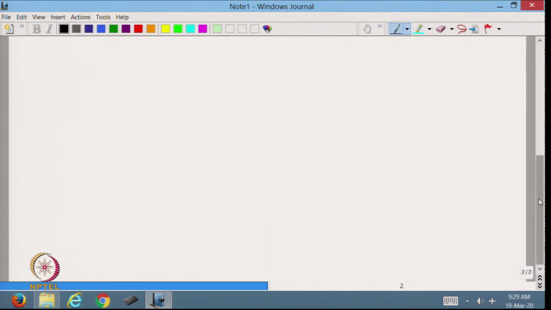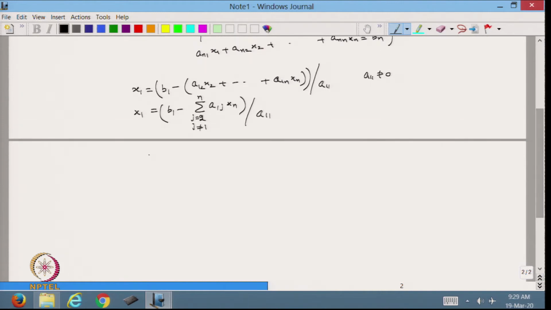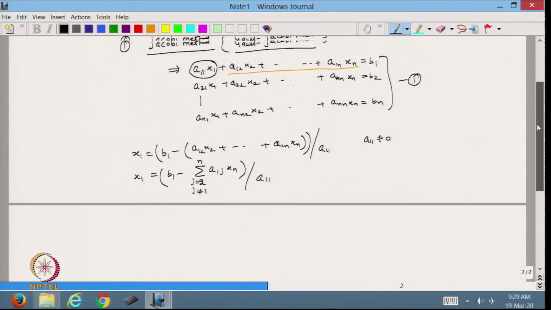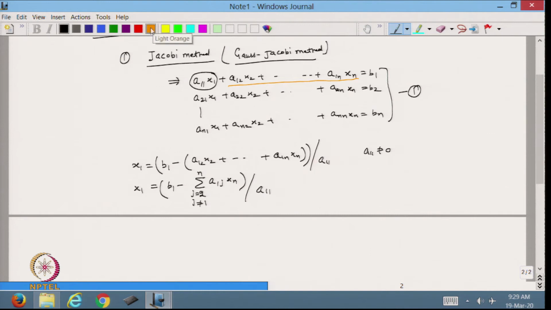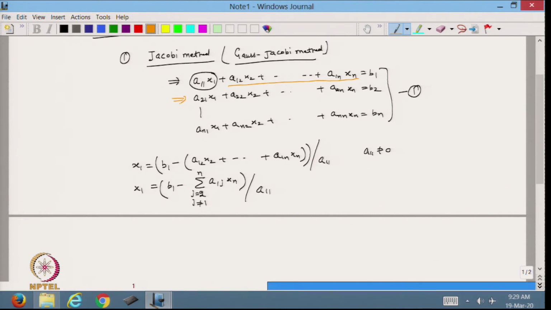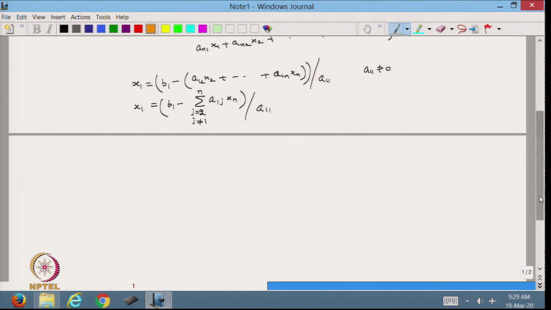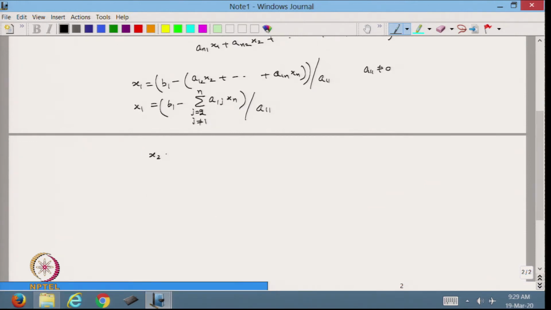Now the same way, from the second row, I will rewrite the second row the same way, and from there I will take the element x2.